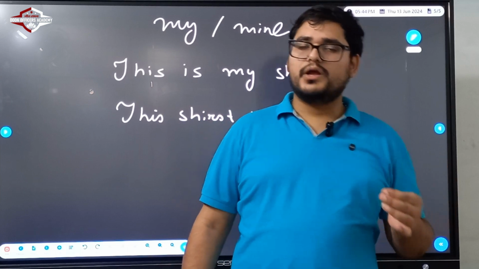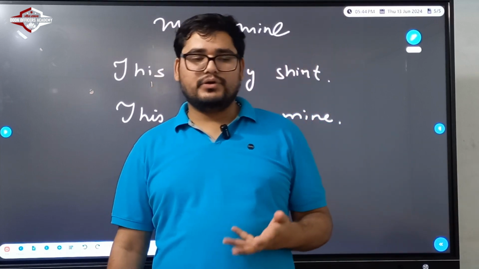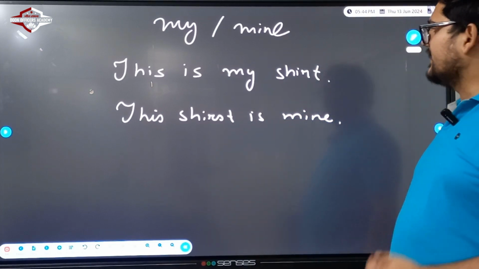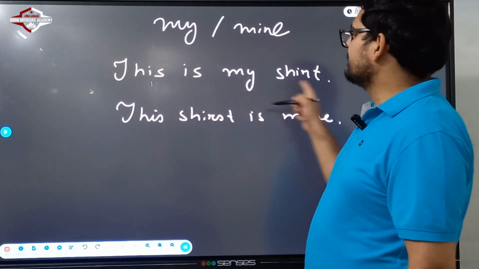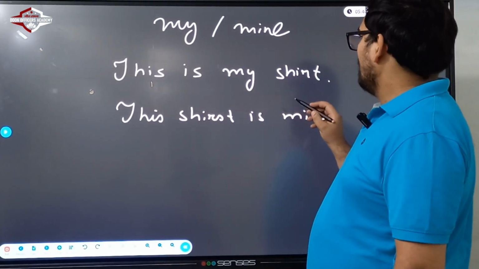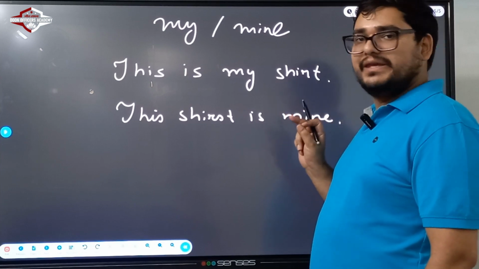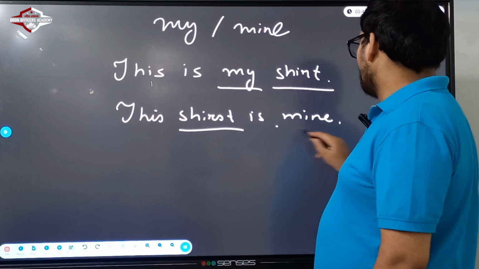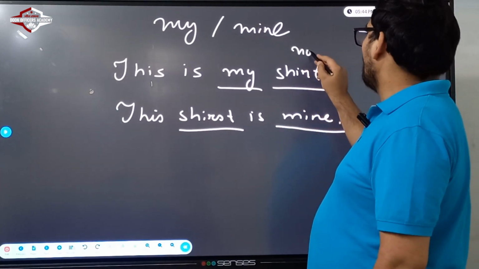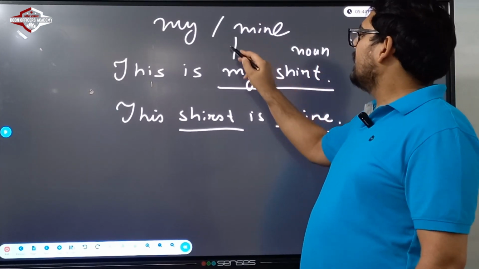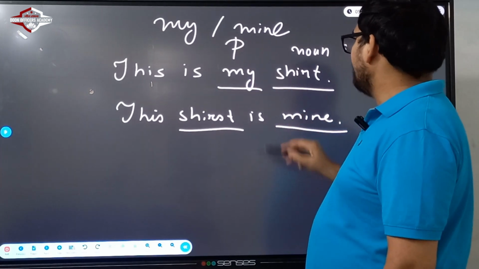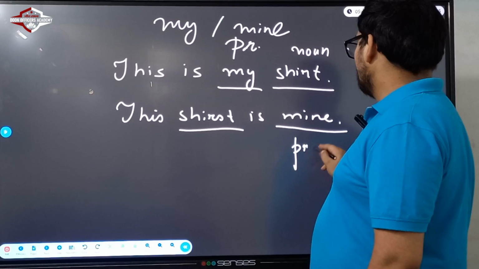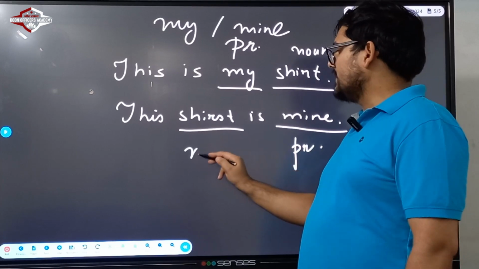You can place your, our, her, their, anything, right? So this is my shirt. Now please note, we will see two important keywords: my shirt, right? Shirt is your noun, my is your pronoun, right? Mine again is your pronoun and shirt is your noun.